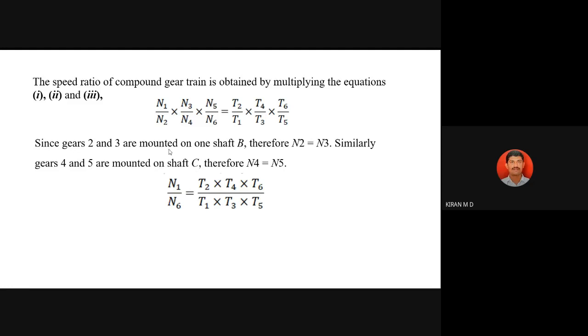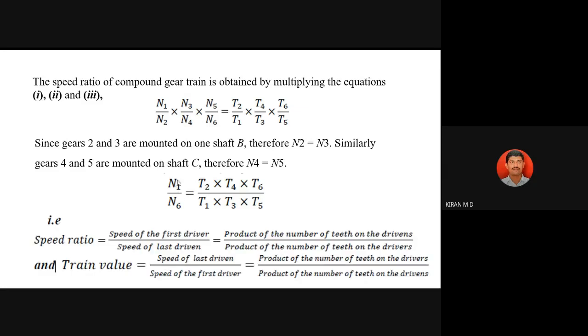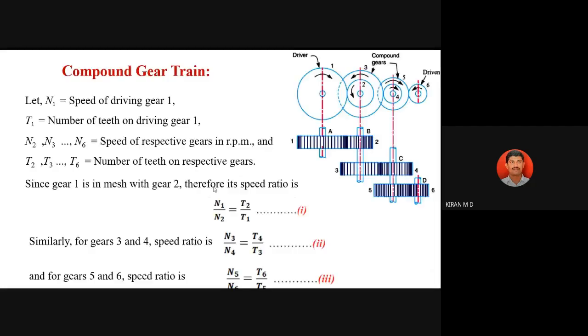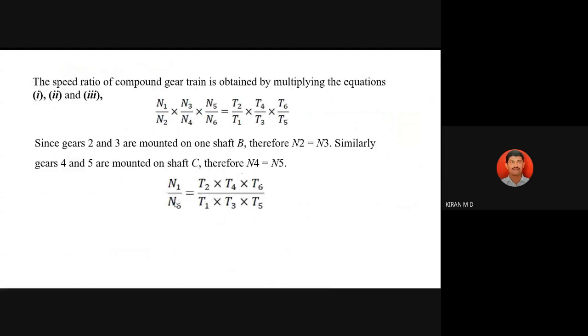So N1 by N6 is equal to T2 into T4 into T6 divided by T1 into T3 into T5. From this equation, we can see that N1 means the speed of the driver, and N6 means the speed of the driven.